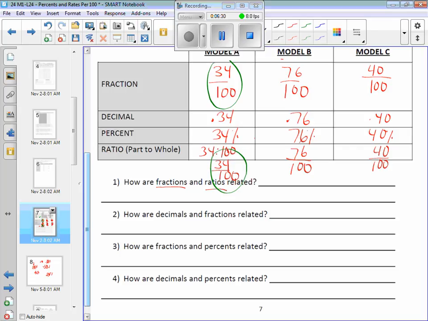A ratio and a fraction are very, very closely connected. You may have something here that's true but different from what I have. So whatever's different from what I'm putting up here, add it to whatever you have. Because what you have may be true, but the real connection that I want you to start making is what I put up here.